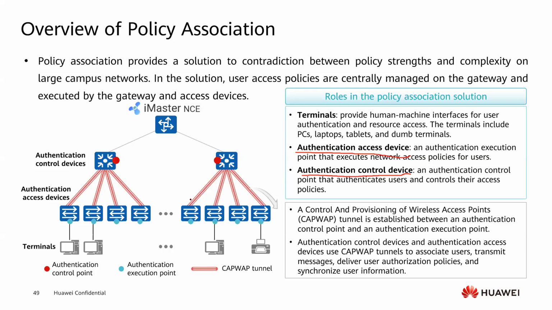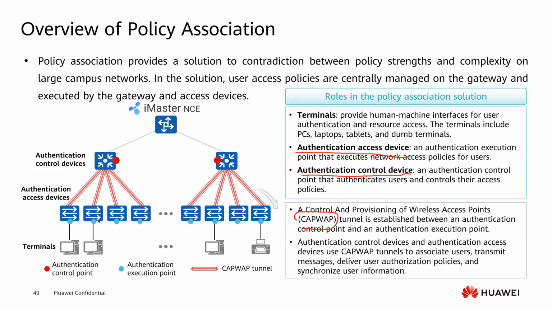When you configure these devices as control devices and those devices as access devices, they establish a VXLAN tunnel between each other, and then they can directly send information through this tunnel.